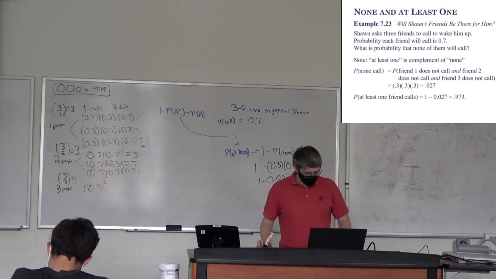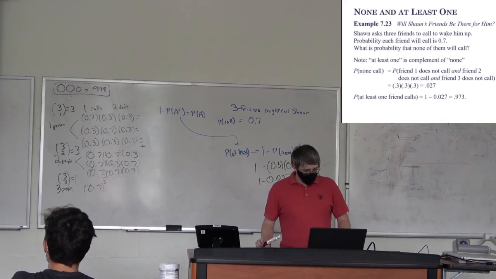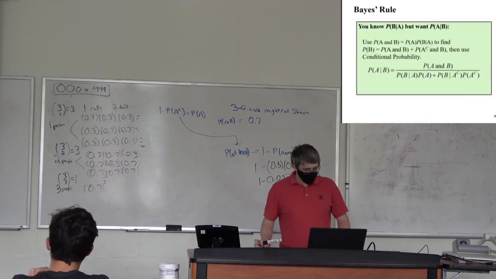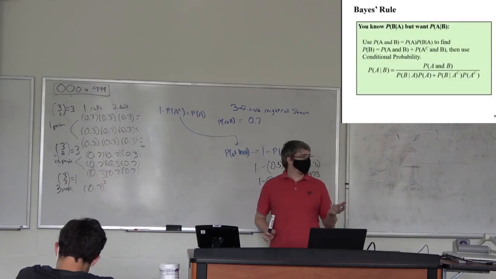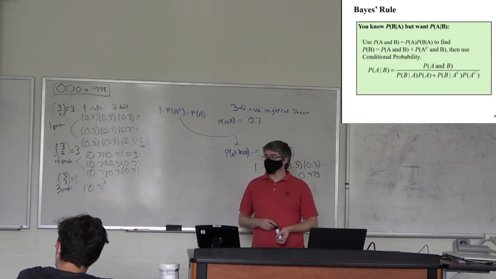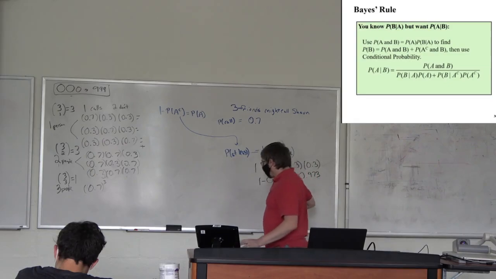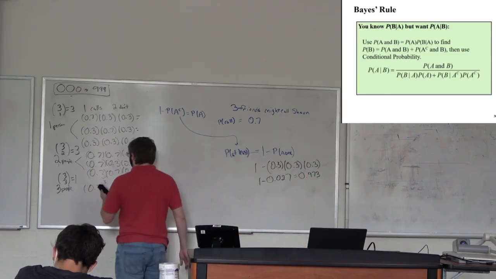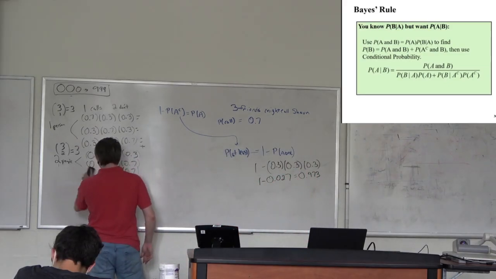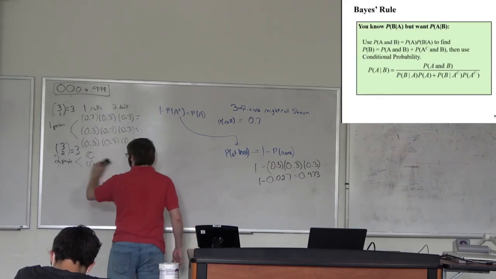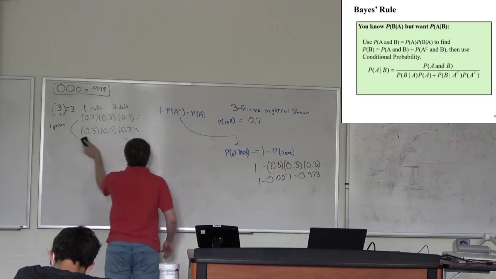Alright. So let me go ahead and move on to something called Bayes' rule. Have you guys heard of Bayes' rule before in any of the previous classes or anything? 1 or 2 of you? Yeah. Essentially, this is a pretty popular rule. It sets up a whole field of math.